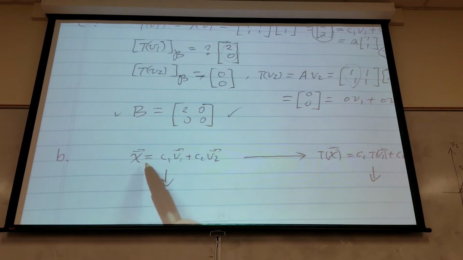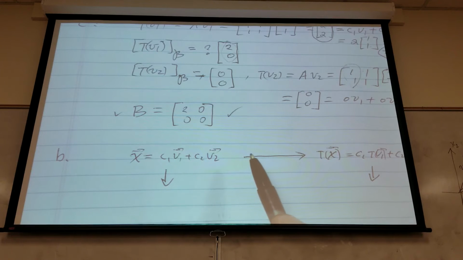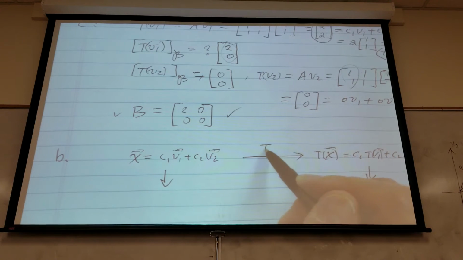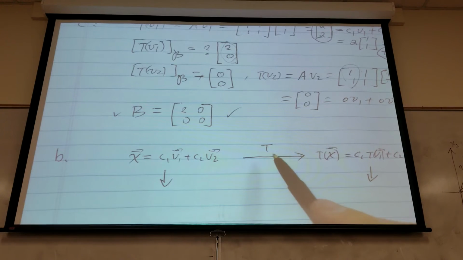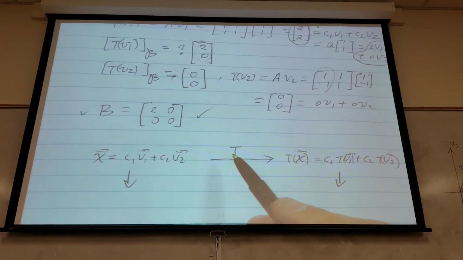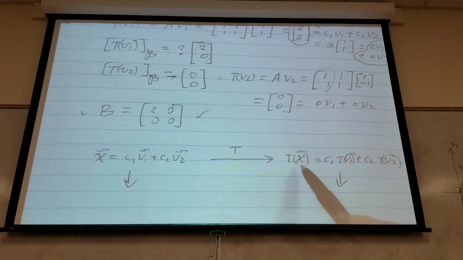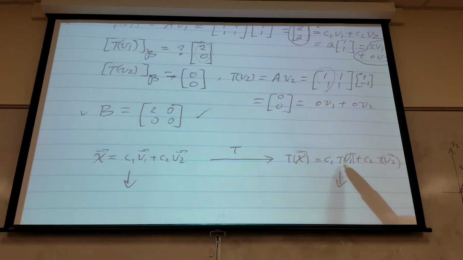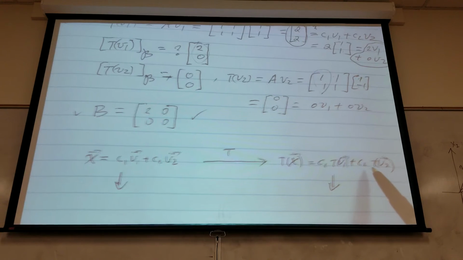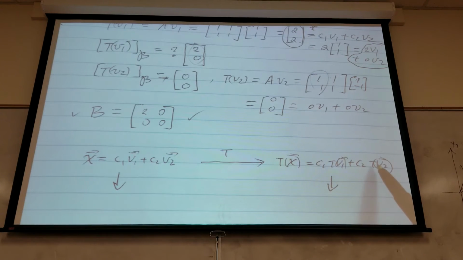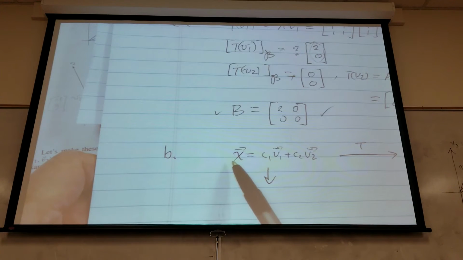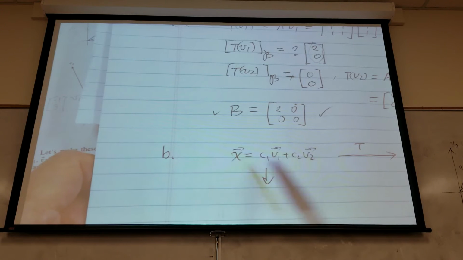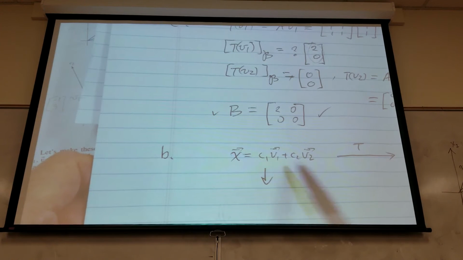Write down X as C1V1 plus C2V2. And this arrow means transformation T. T applied to X is C1 times T applied to V1 plus C2 times T applied to V2. So just simply put a T on each term, right? And then skip the C1, C2.